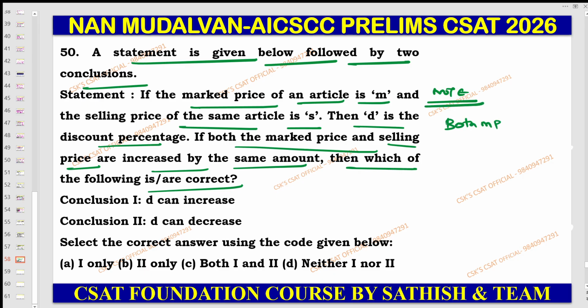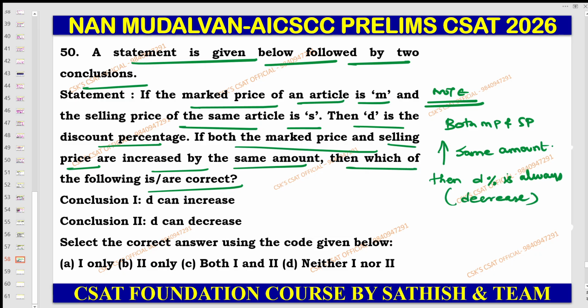When both MP and SP increase by the same amount, then the discount percentage always decreases. Always decreases. This is a very important note.